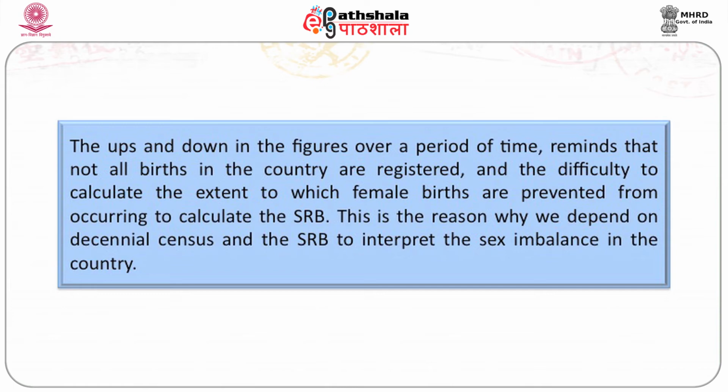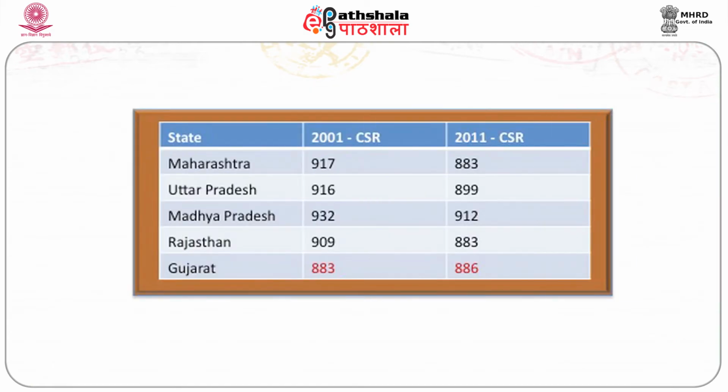Actually, there is one more problem, that not all births in the country are registered, and so recourse is taken to the decennial census. So, these are the reliable figures.